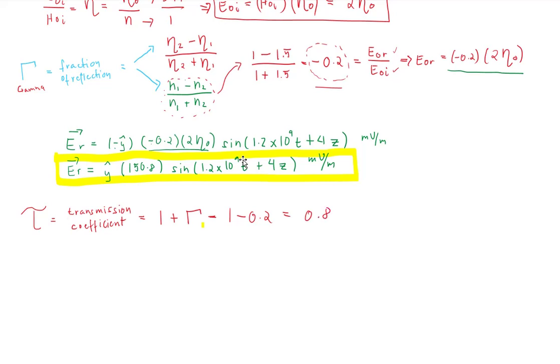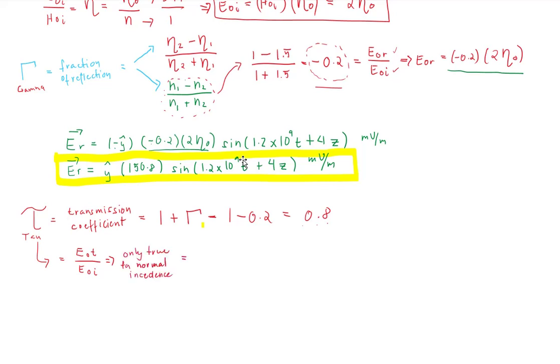Now since we have 0.8 as our transmission coefficient, tau, let me write it down, tau is also equal to E naught of t over E naught of I.